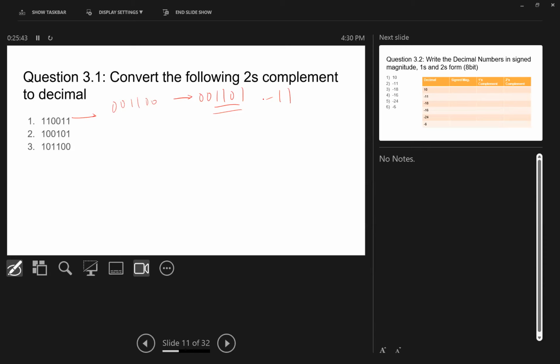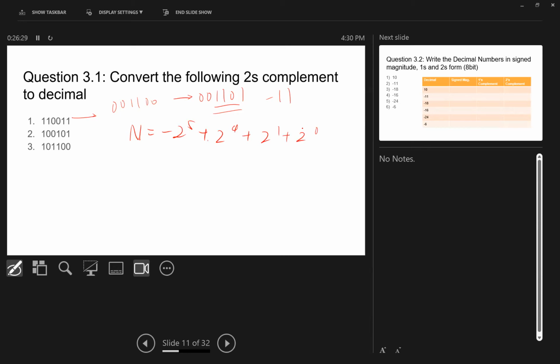So the number is equal to that, and we have a positive 2 to the 4, a positive 2 to the 1, and a positive 2 to the 0. The result is negative 32, plus 16, plus 2, plus 1, right?